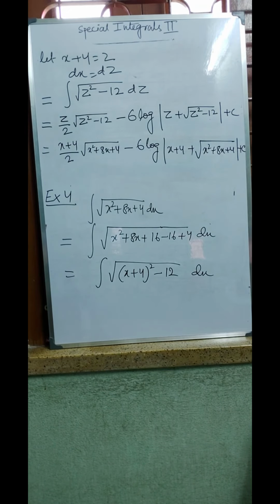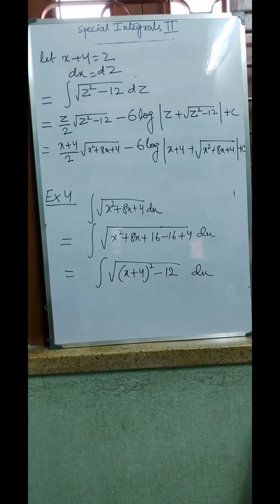Now the last question is a little bit not difficult, I should say. You have to bring it in the integrable form, you need to do a little bit of work. So let me just write it down if you have understood this.